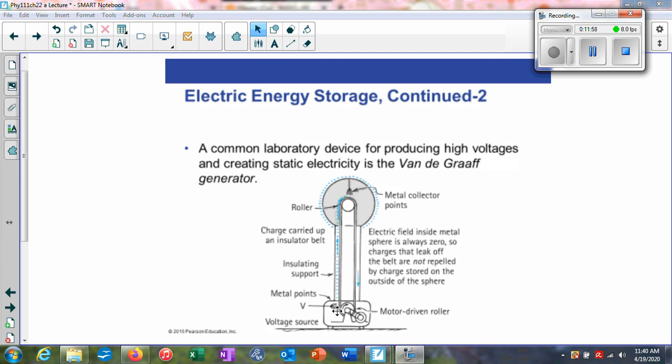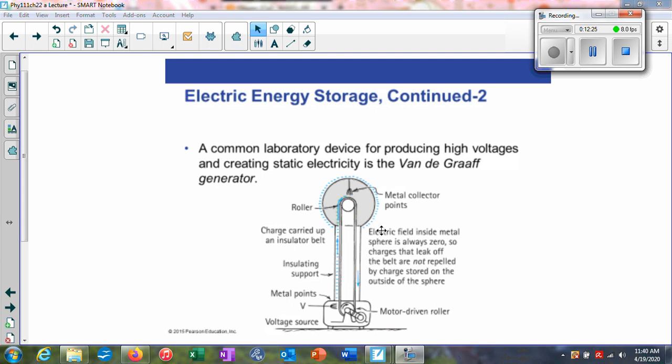So it picks up some electrons from this metal brush. It takes them up here, going around, and here is another metal brush. The electrons jump off onto that, and then they go out onto the surface of this sphere that is the surface of the Van de Graaff generator.